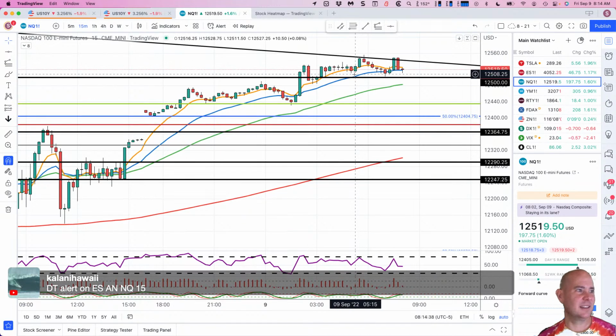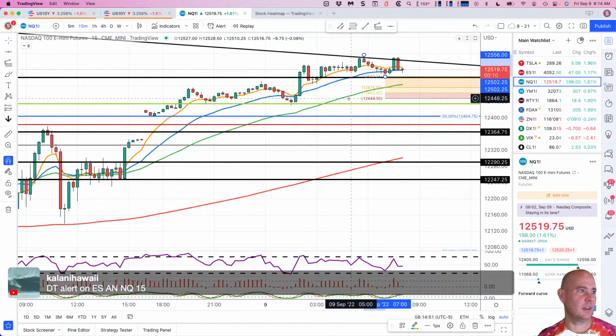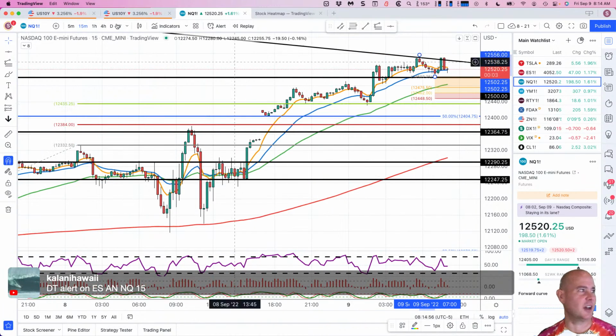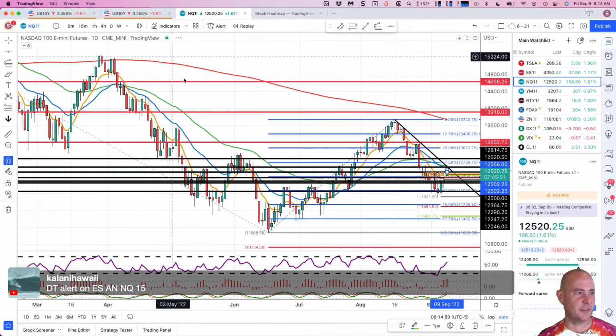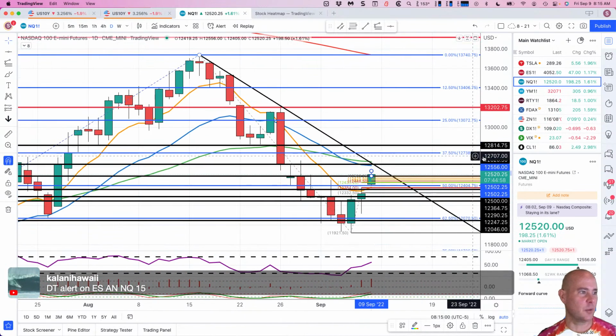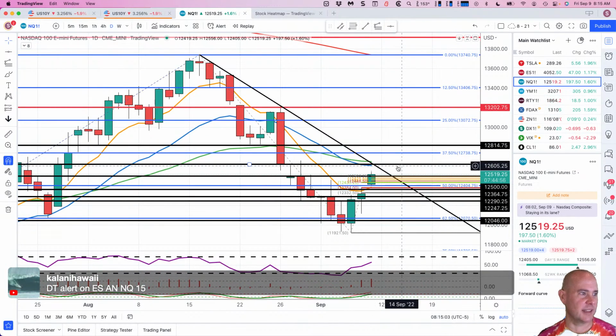NASDAQ, yeah, you could, and that's pretty key. Right below that level, I was keying off of this 12.5, virtually 12,500. 12,475, 12,462, 12,448. I'm leaving these prior harmonics on there. What am I keying off of? If we do break to the upside, we still have some room to run on the NASDAQ. 12,600, 12,608.